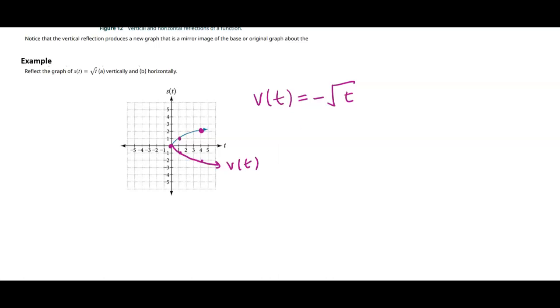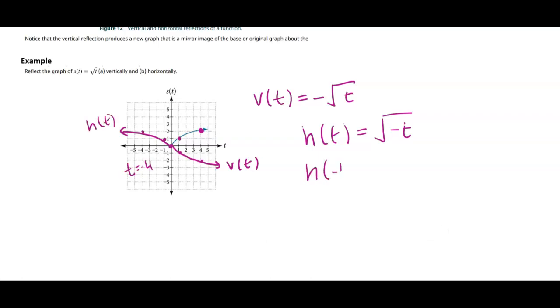If I wanted to do a horizontal reflection, then I need that negative to go on the inside, which means my graph is going to go over this way. Now, if you're thinking, well, you can't take square roots of negatives, let's plug in t equals -4, let's label this, and see what happens.